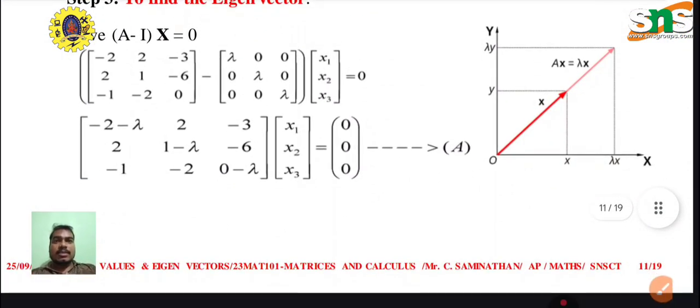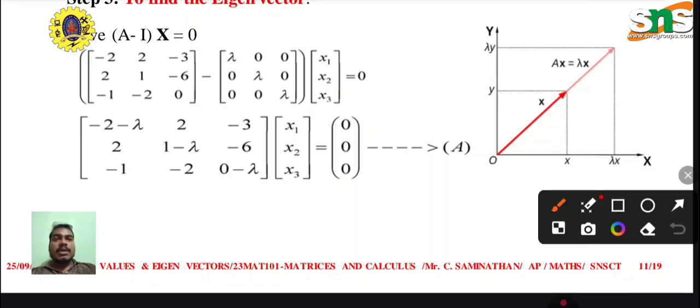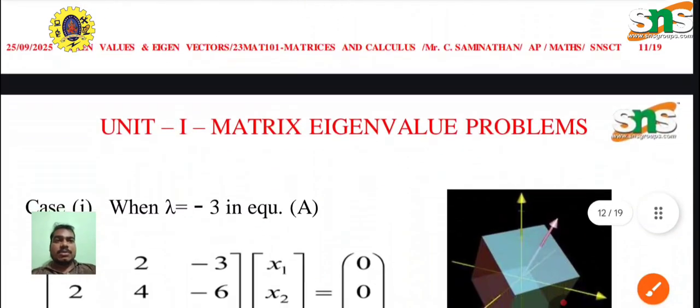Substituting the given matrix A, I is the identity matrix, and x is the column vector x1, x2, x3. Lambda times I is lambda 0 0, 0 lambda 0, 0 0 lambda. We multiply and solve this matrix and get 3 equations.